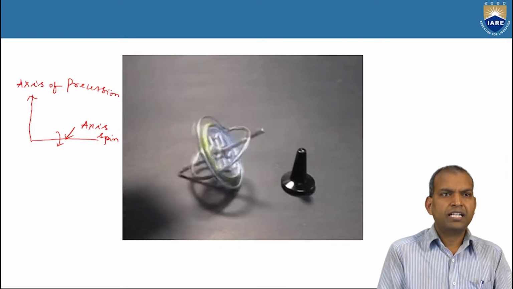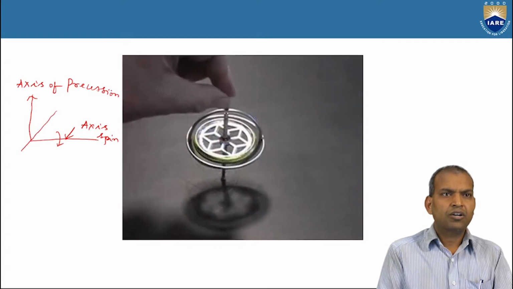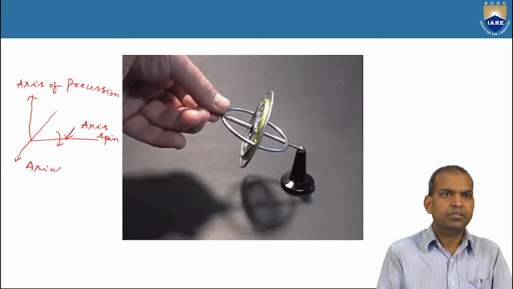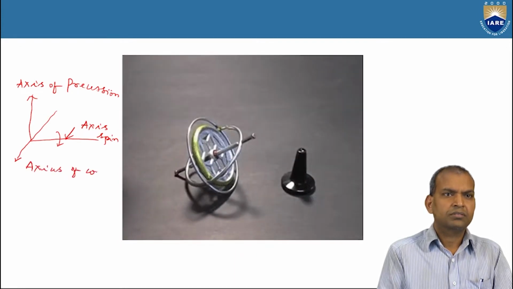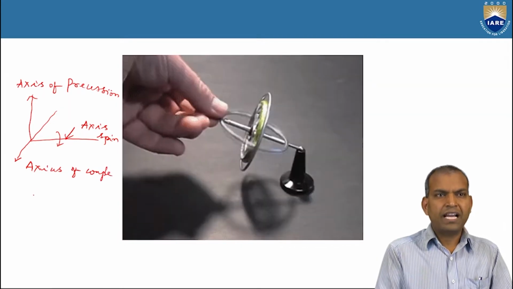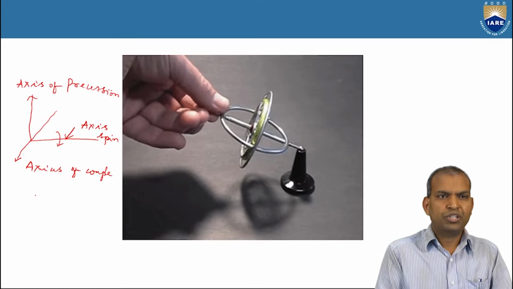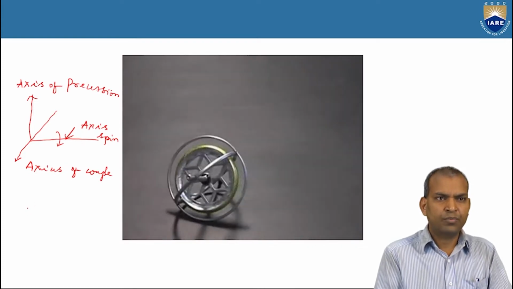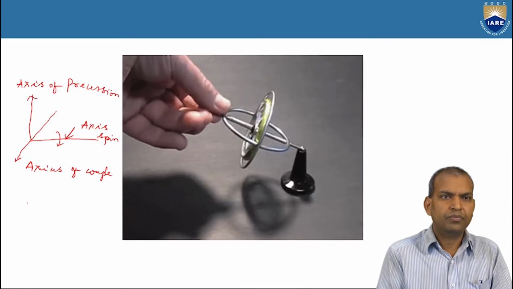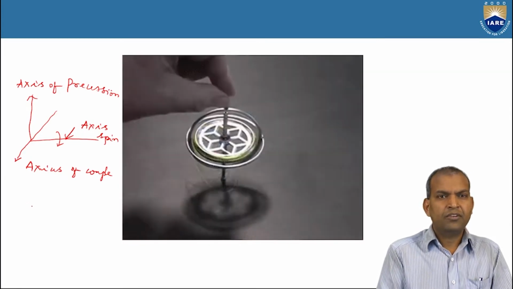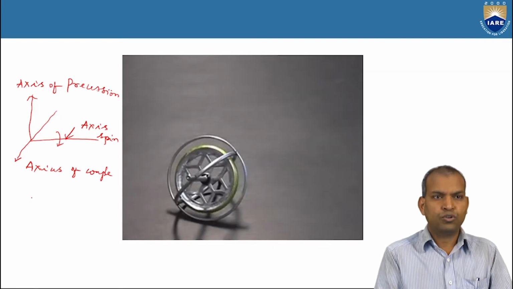There is a third axis, which indicates the axis of couple, the gyro couple. Starting with the plane of spin, plane of precession and plane of couple, we can then understand the effect of gyroscope.